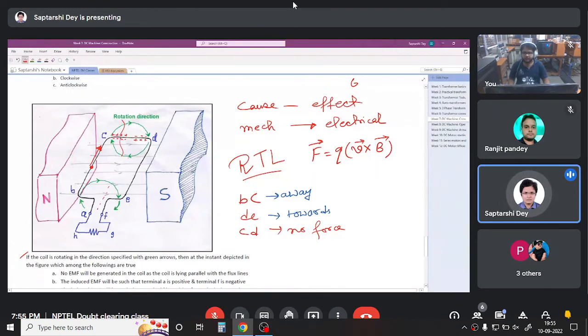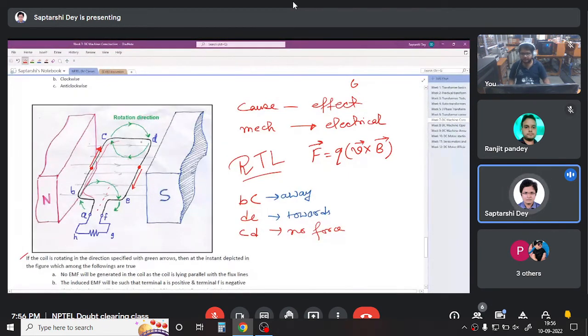There will be some voltage, but this voltage will not let the particles move along the conductor because the force is perpendicular to the conductor. So this will not participate in the generating action. The charged particle here was going in this direction, the charged particle here was going in this direction. So basically in this loop we will have a current like this.